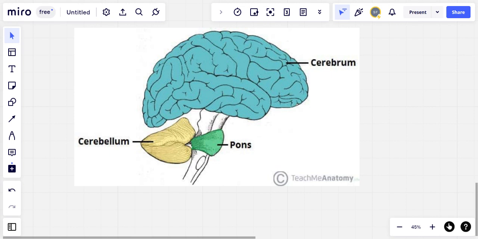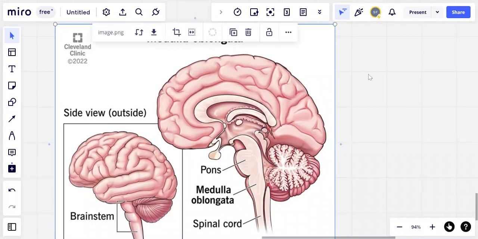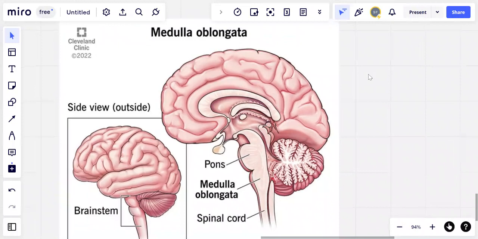Then we have medulla oblongata. Now talking about it, let me bring the image. Yes, right here. I told you previously that the hub of involuntary actions is the hypothalamus. Hypothalamus was associated with homeostasis.